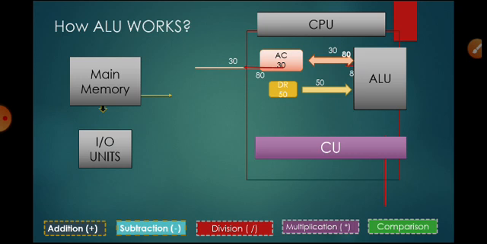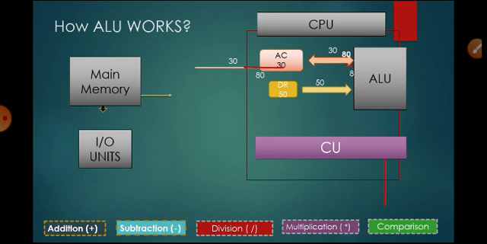In CPU, it sends the data to the ALU. For example, if I have entered a number 30, so 30 will go to the ALU and 30 will be stored in a register named as AC, accumulator register.